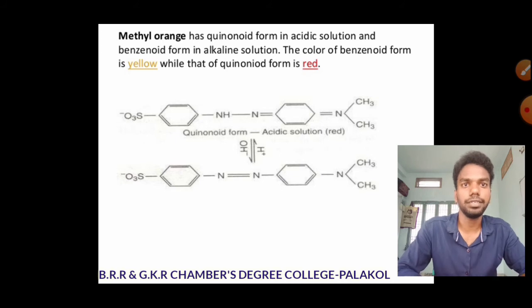Got it? So I repeat: methyl orange has the quinoide form in acidic medium, and in the quinoide form it shows red color. That's why methyl orange in acidic medium shows red color, right? Methyl orange has the benzoyl form in alkaline solution, and the benzoyl form of methyl orange is yellow. So methyl orange in basic medium shows yellow color, and in acidic medium it shows a red color, right?